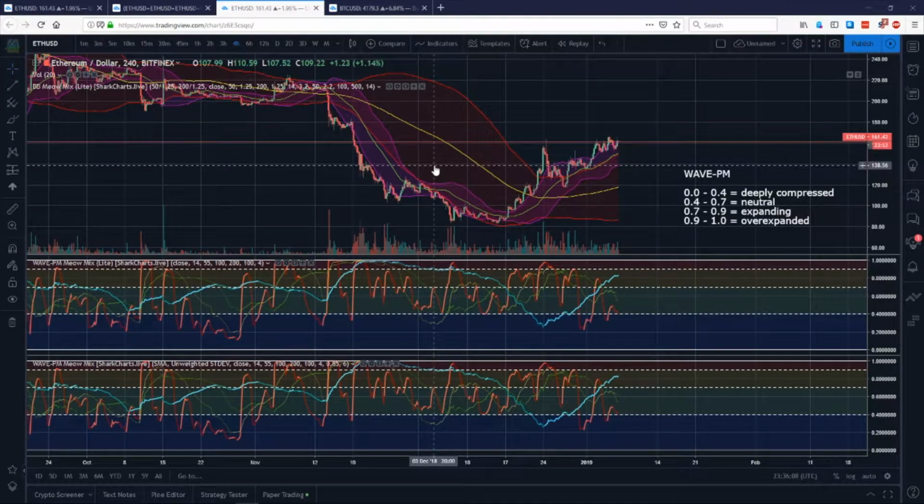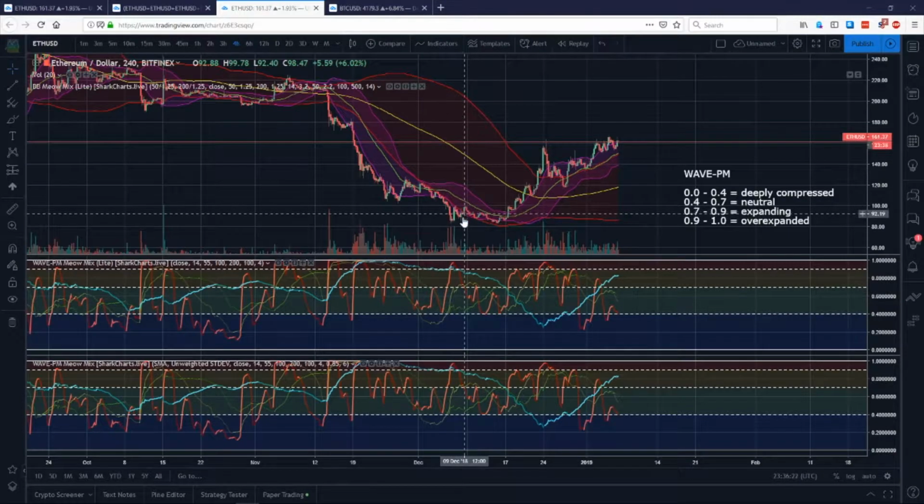But eventually what will happen is that it is no longer possible for the market to come up with the volume to continue trending in that direction. So eventually you cross the 1.25 standard deviation bands.